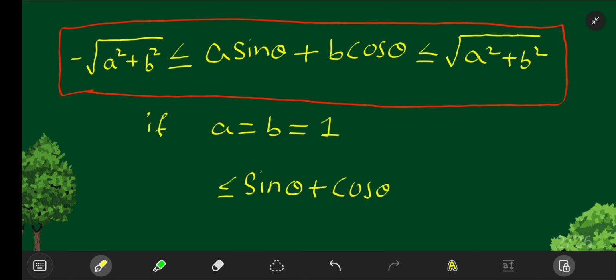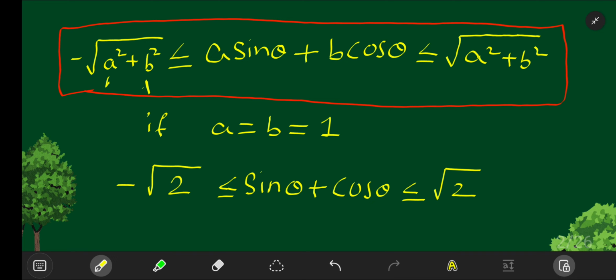Its minimum value is minus square root of 1 square plus 1 square. 1 square is 1 and 1 square is 1, 1 plus 1 is 2. So its minimum value is minus root 2 and its maximum value is plus root 2.